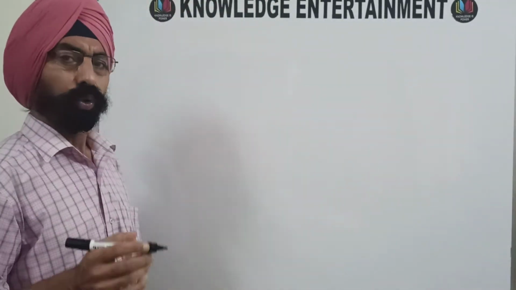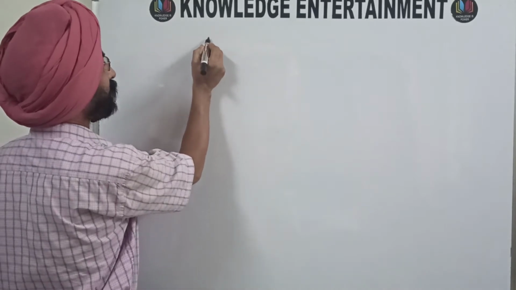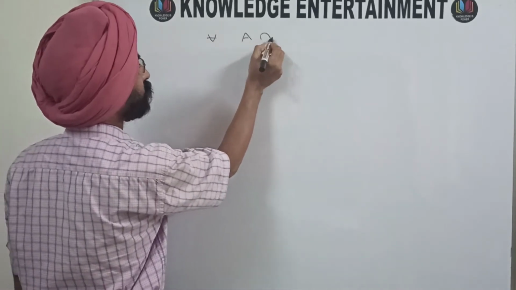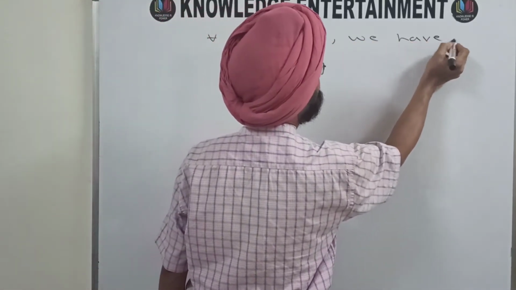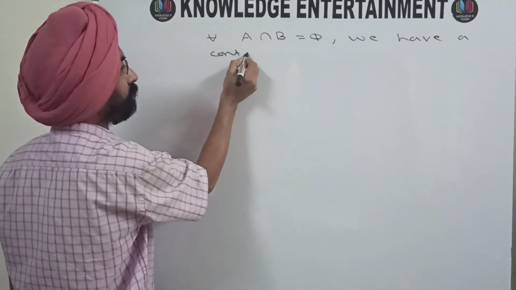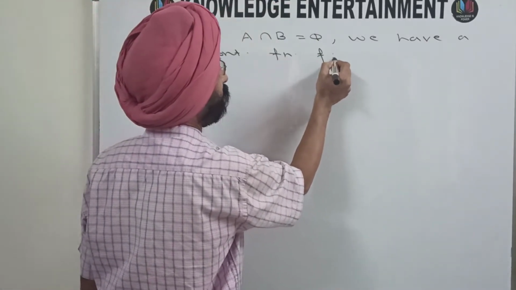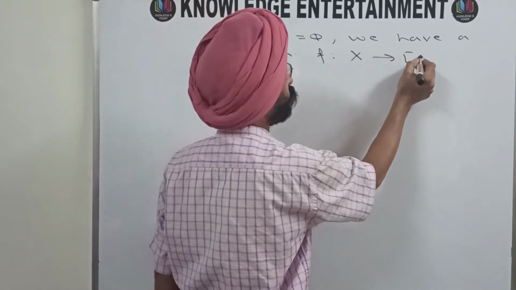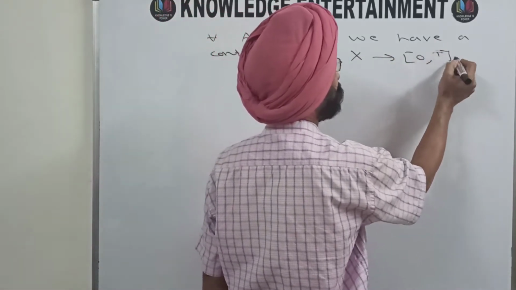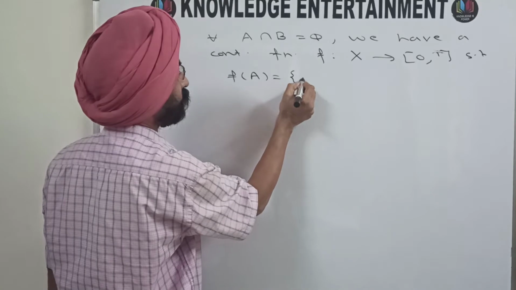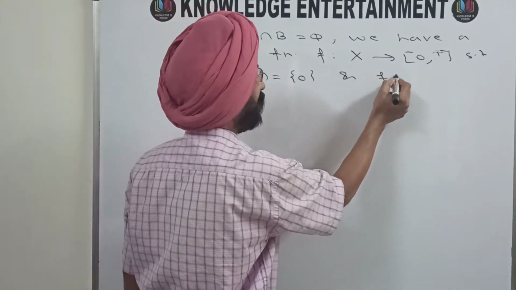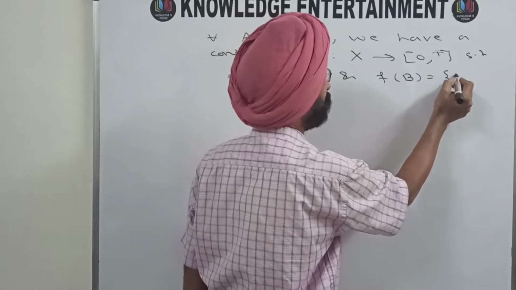So let us move on to the converse of Urysohn's lemma. For the converse part, we are given that for every pair of disjoint closed sets A and B, we have a continuous function f from X to the closed interval [0,1] such that f of A is equal to 0 and f of B, that means the image of every point of the set B, is 1.